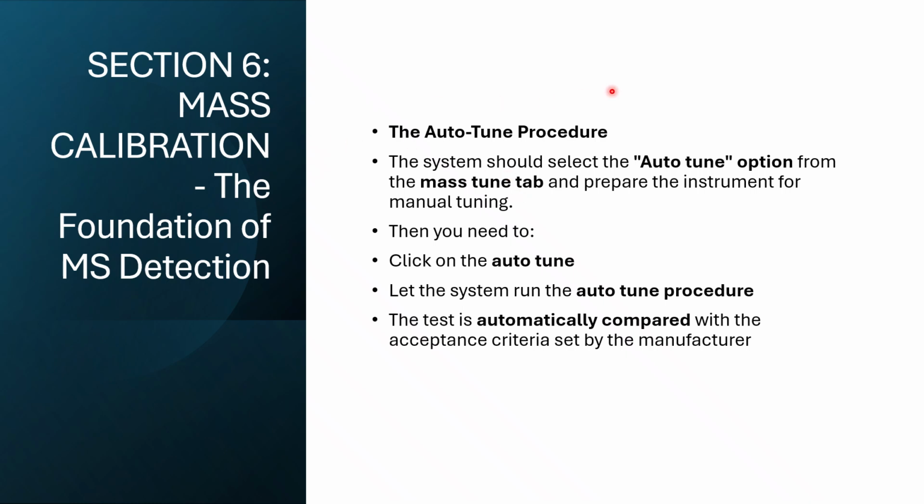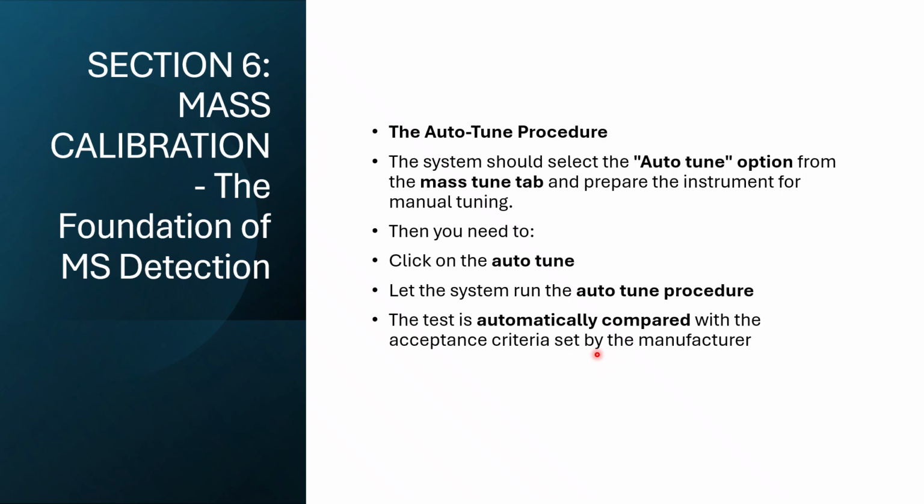So in mass calibration, what you're checking is that the mass peak width is between 0.6 to 0.8 daltons, and your mass axis difference lies between plus minus 0.13 AMU. In this you need to click on Auto Tune and let the system run the Auto Tune procedure.